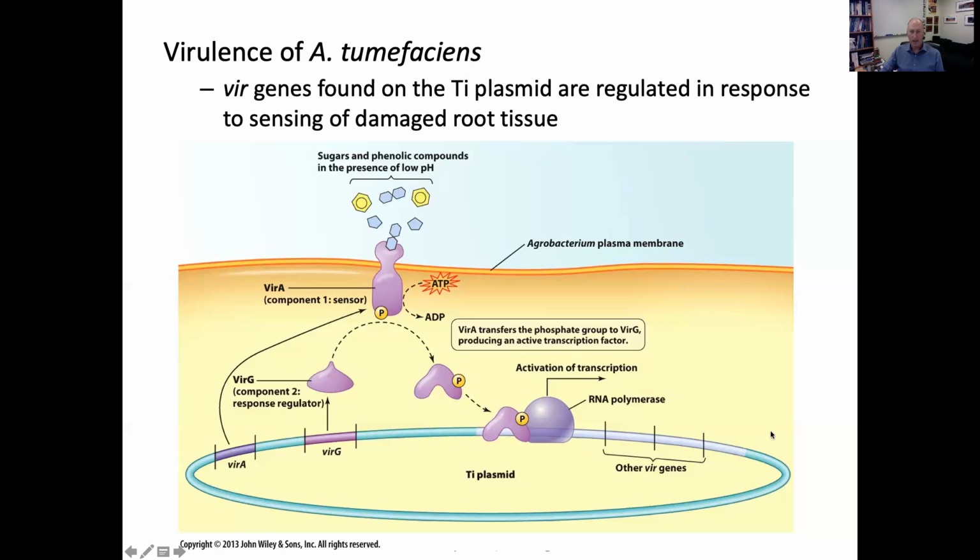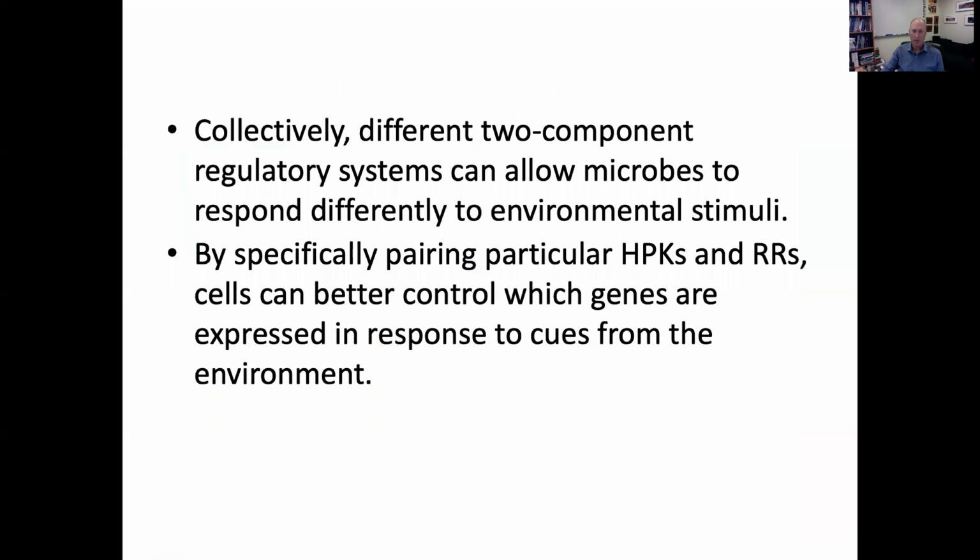What's going to then happen is this Agrobacterium is going to express proteins that are going to allow it to invade the plant tissue and cause the disease state, which is going to then support the growth of the bacterium. Okay, so that's the virulence, the set of proteins that are involved in being able to invade the wounded plant and induce plant cells to grow to feed the Agrobacterium, right?